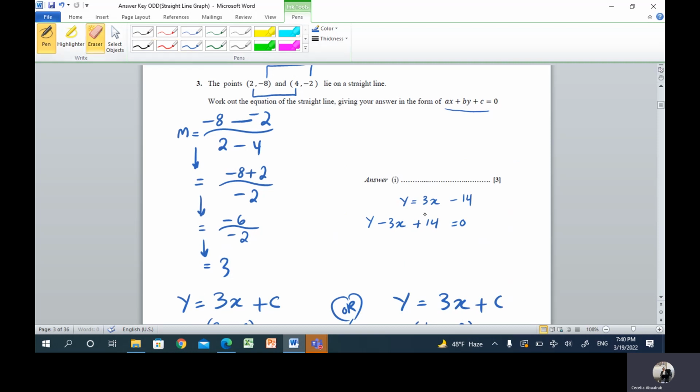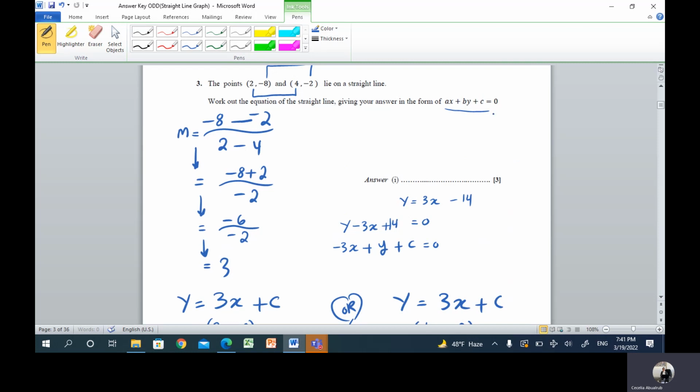So let me just show this so that you can understand. I'm going to keep the equal sign underneath the equal sign, and keep the y on the left side. If I bring the 3x to the other side, it will be minus 3x. And if I bring the minus 14 to the other side, it will be plus 14. And this side will become 0, okay? So let's reorganize it: minus 3x plus y plus c is equal to 0.